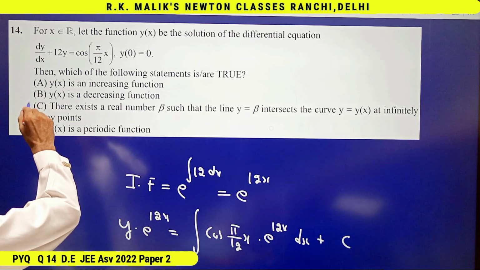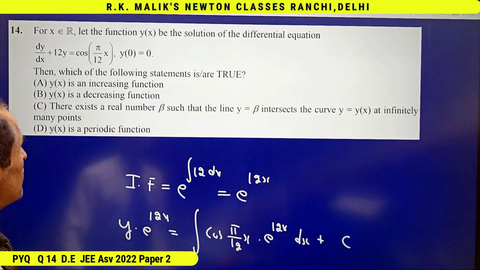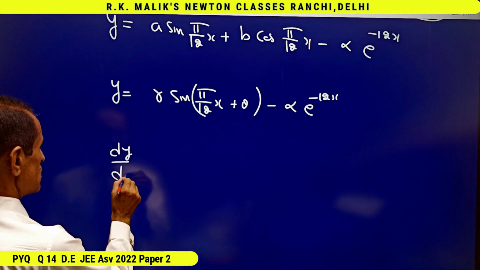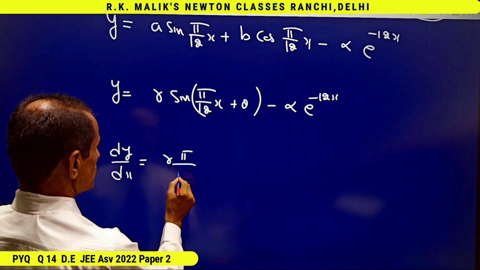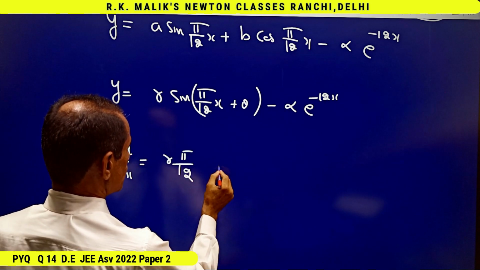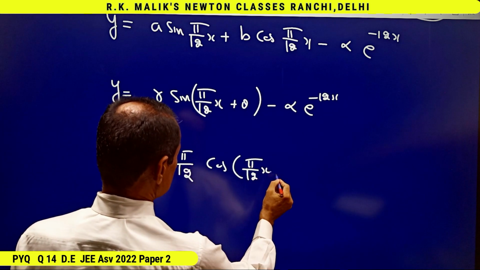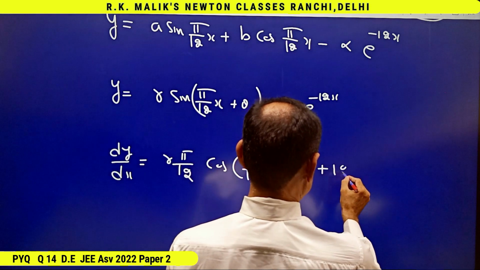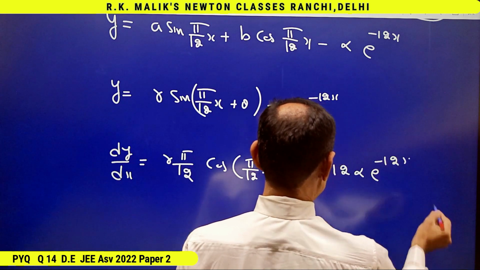In choice A and B, he is asking about the increasing and decreasing. Therefore, first I find dy by dx, this is r pi by 12 cos (pi by 12 x plus theta) plus 12 alpha e power minus 12 x.